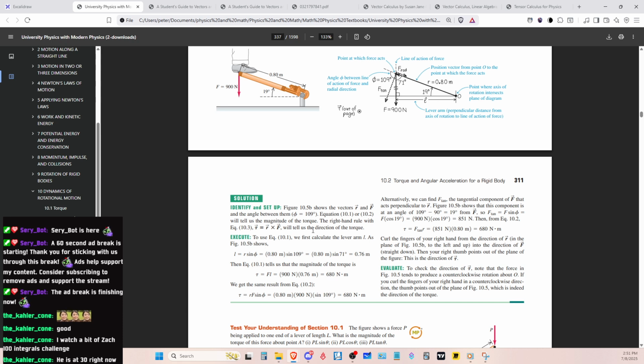Let's see. I'm just trying to see how they did the angles here. I'm guessing, let's see, it's 9. So they got 109. Which is that from 180? So 180 minus 19. 61.